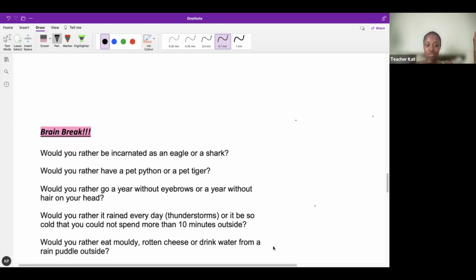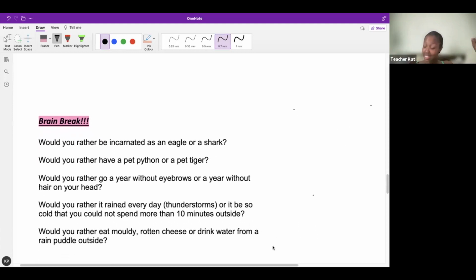And the last one, guys, would you rather eat moldy, rotten cheese or drink water from a rain puddle outside? Like it's been raining, would you rather just drink it or eat rotten cheese? Whoever said cheese, you are brave. Oh my goodness.